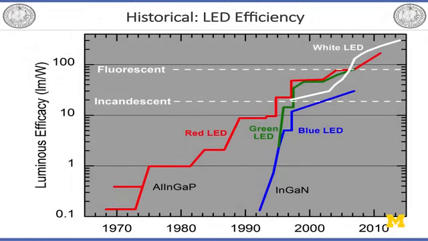This also shows the efficiency of conventional red and blue-green LEDs as a function of years of development. Basically, in the 60s and 70s, the first red LED was invented, probably by Professor Nick Holonyak.